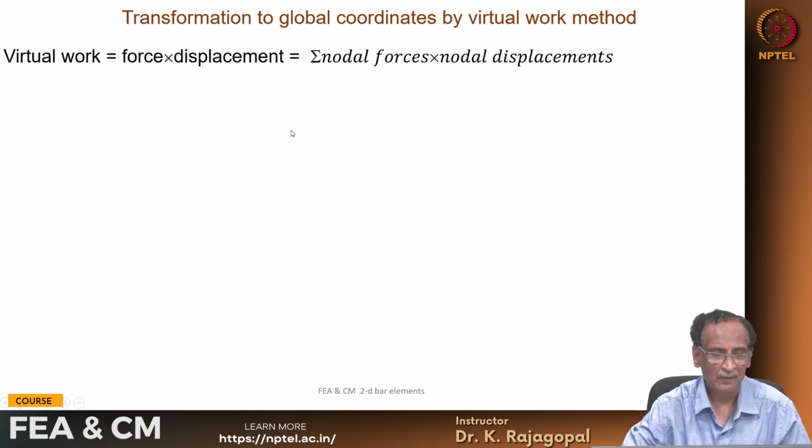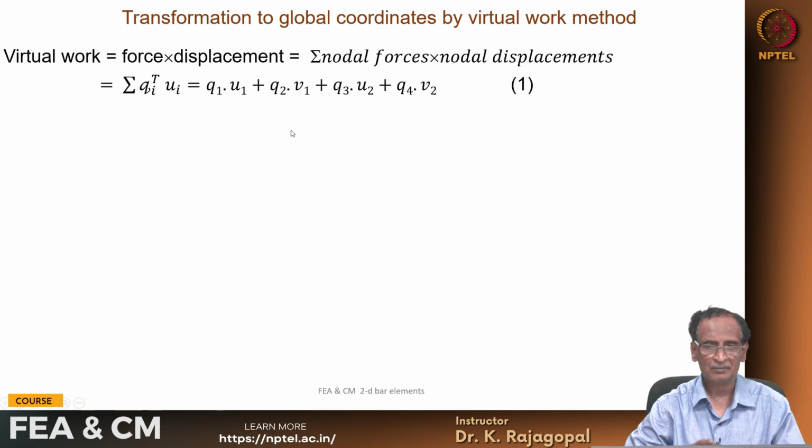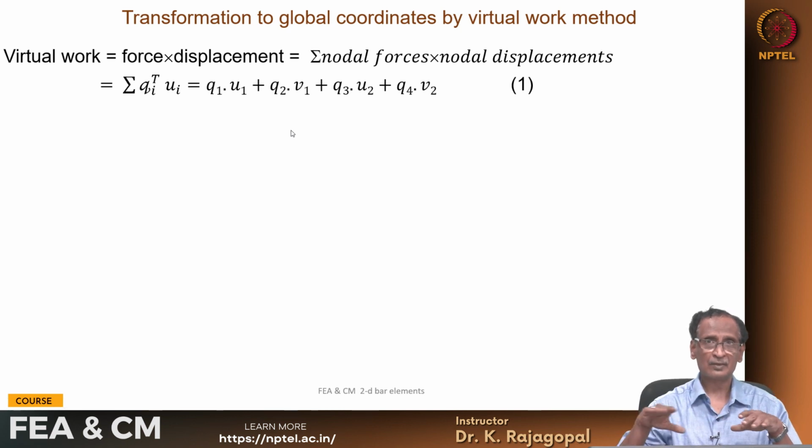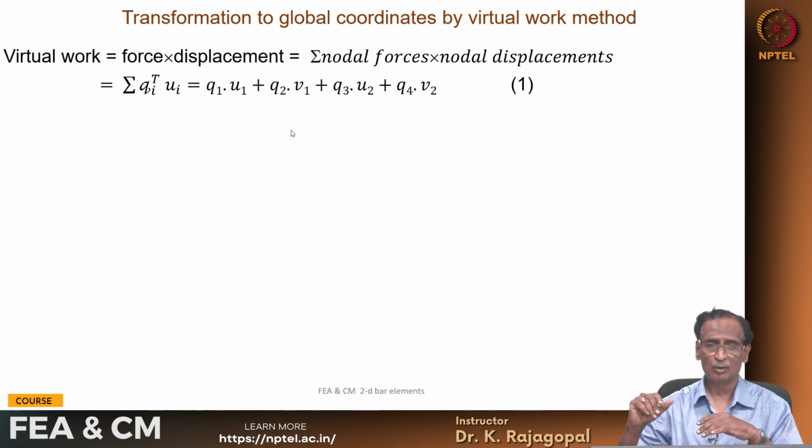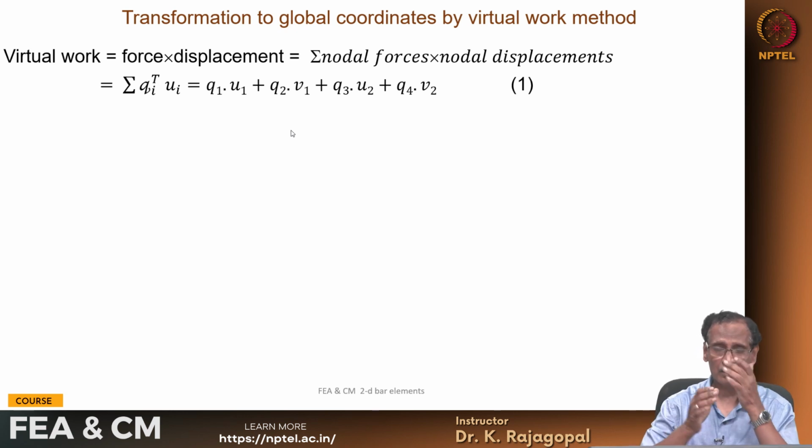And we can transform these equations in the local directions to the global coordinates by considering the virtual work, because work being a scalar quantity is independent of the coordinate system. Whether you calculate the work in terms of the element coordinates or in the global coordinates, they should be the same.